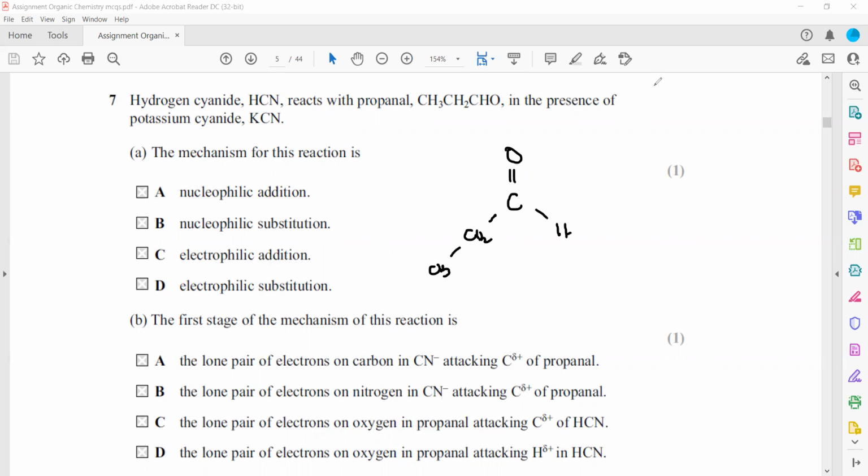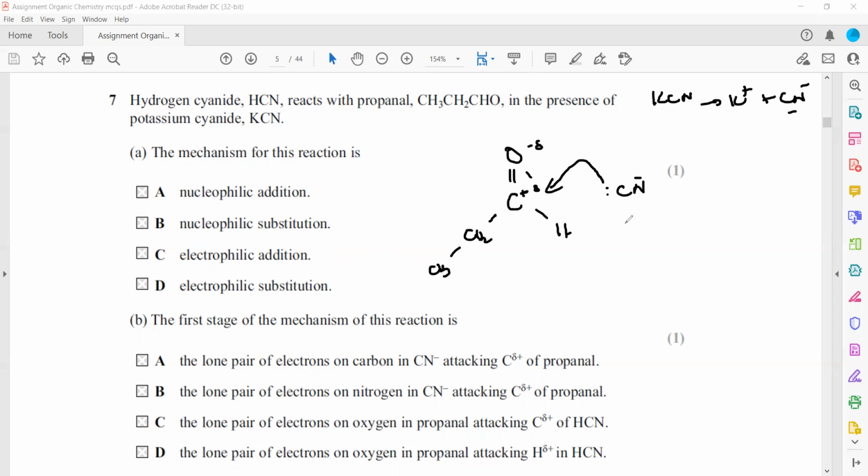So this KCN will dissociate into K+ and CN−, and this CN−, because oxygen is partial negative and carbon is partial positive, has a lone pair, a pair of electrons that can attack on this partial positive carbon.